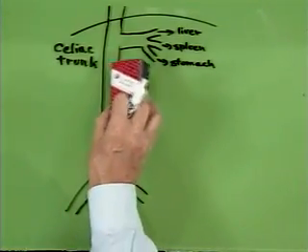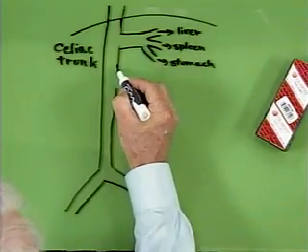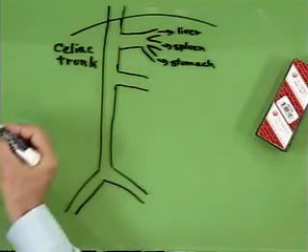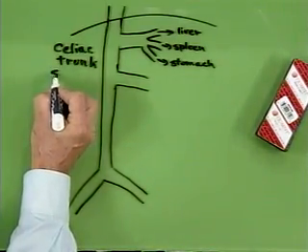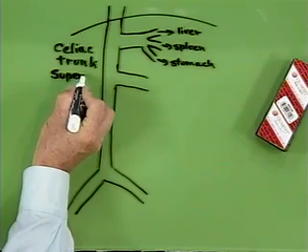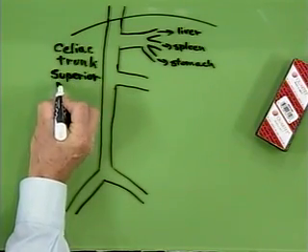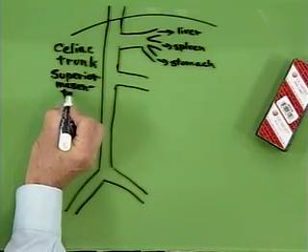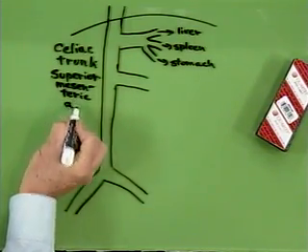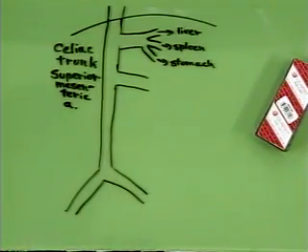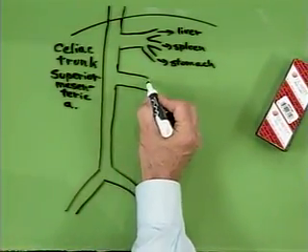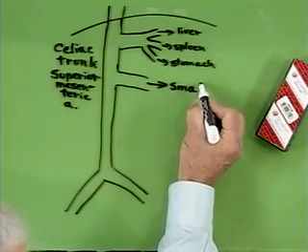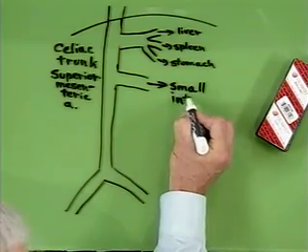Just a little bit down below that is another fairly large vessel that comes off and has a whole bunch of branches, but it's called the superior mesenteric artery. Superior mesenteric artery. I didn't leave myself quite enough room. It goes mainly to small intestine. Some other things, but the main thing is small intestine.